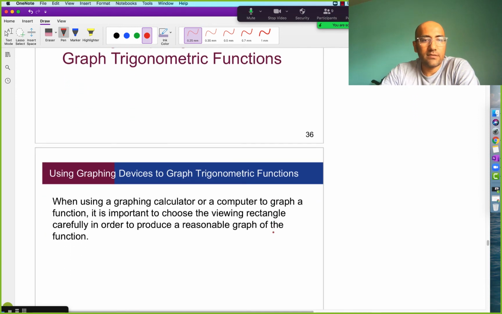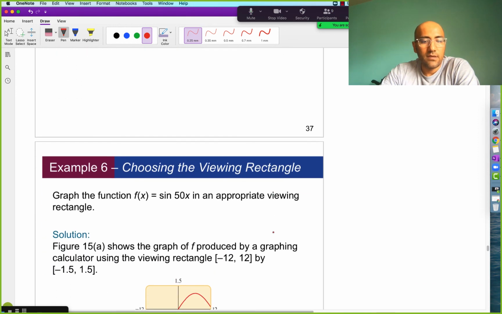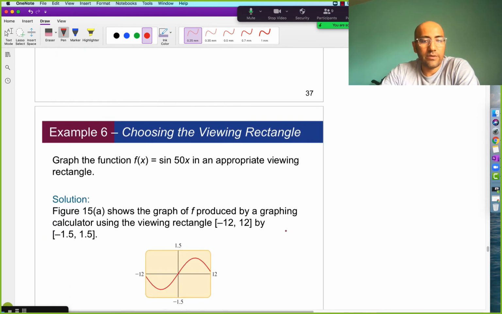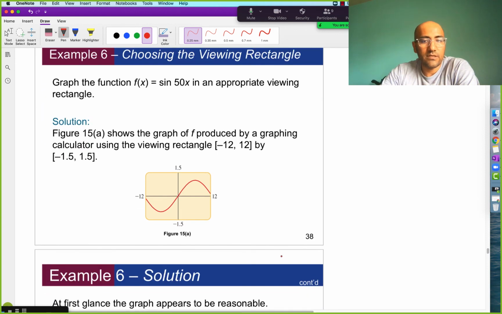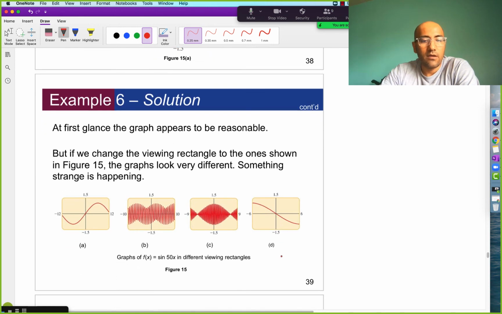Using graphing devices to graph trig functions, well, we've been doing that all along, so that's easy. So practice doing that with your calculator. That's all this is. And the homework will clearly identify which ones are questions that you can use your calculator on or technology to do it. Good.